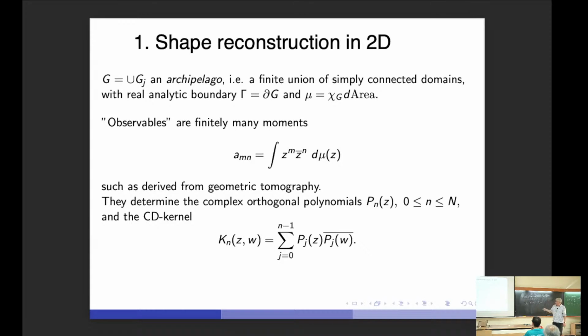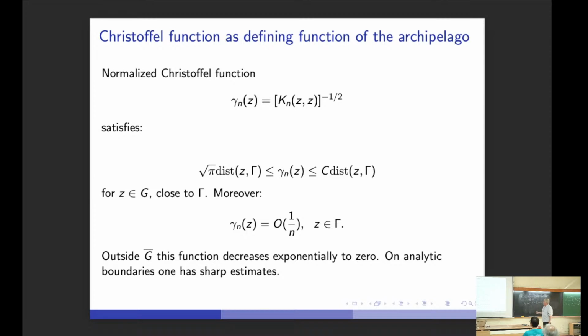Now, tomographic data, Radon transform, can easily be put into moment data. This goes back and forth. And of course, if we know this, we know the orthogonal polynomials. And the Christoffel function we just discussed is this quantity. We take the square root to be exactly the point evaluation.